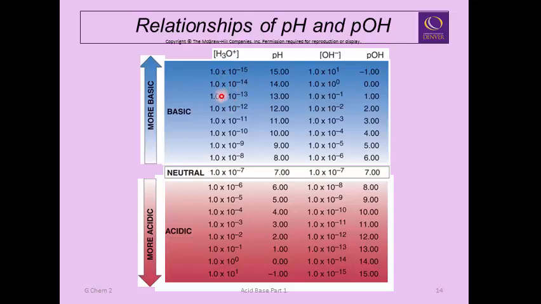And this is just an example. Anywhere in the basic zone, even if it's slightly basic or weakly basic, 1 times 10 to the minus 10, if you multiplied those two together, you'd still end up with 1 times 10 to the minus 14th.